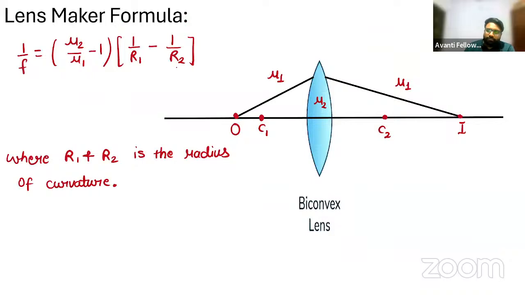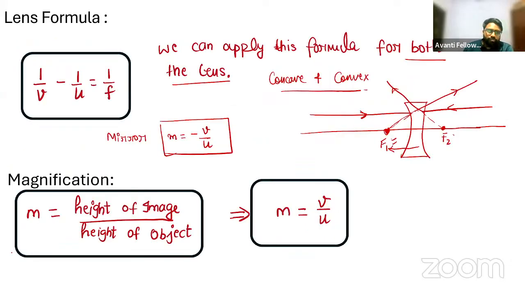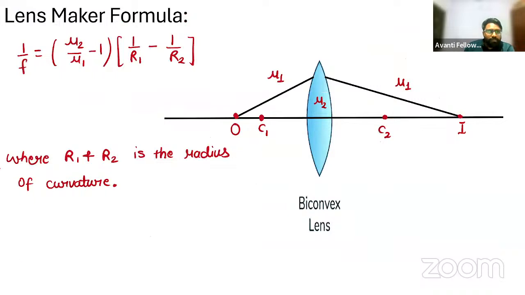चलो. Now this formula is very important. You need to remember this formula. It is nothing but the lens maker formula, and it can be derived from the lens formula. But we are not going through the derivation part. You just need to remember that 1 upon f, the focal length of this particular lens, is equal to mu2 upon mu1 minus 1, into 1 upon r1 minus 1 upon r2.